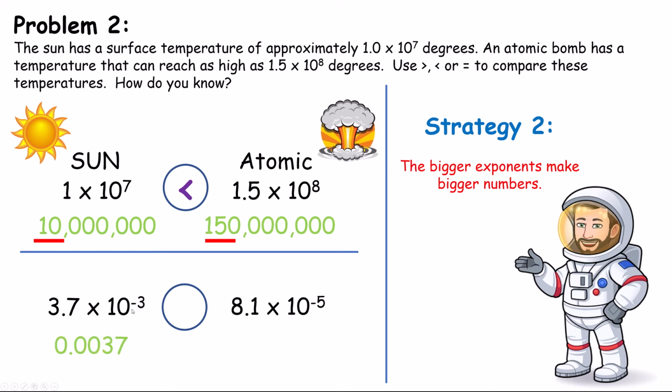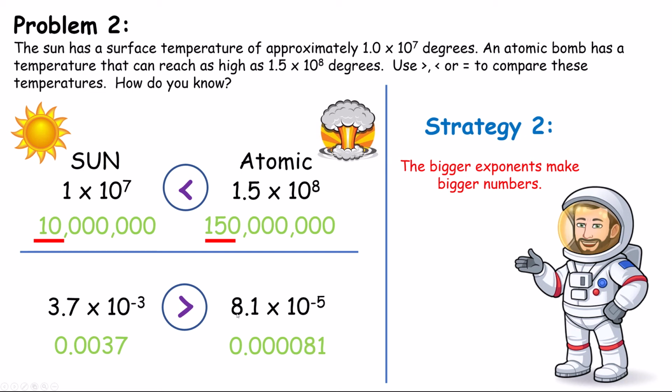Therefore, when I put them into standard form, you're going to see that this 3 is 3 thousandths, but this 8 is 8 tenths, hundredths, thousandths, tenths, hundredths, thousandths, ten-thousandths, hundred thousandths. This is 8 hundred thousandths. 3 thousandths is greater than 8 hundred thousandths.